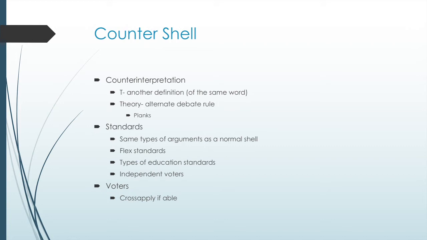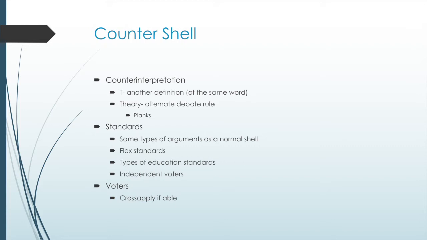Policy education is uniquely good, which means that even if it's not necessarily fair to read a plan af, it's worth our time to do it because the education that we get from it is better. Now, obviously, if you're reading a type of education standard, you want to go for education is a more important voter than fairness. But that is a pretty solid strategy that a lot of people go for with counter shells.